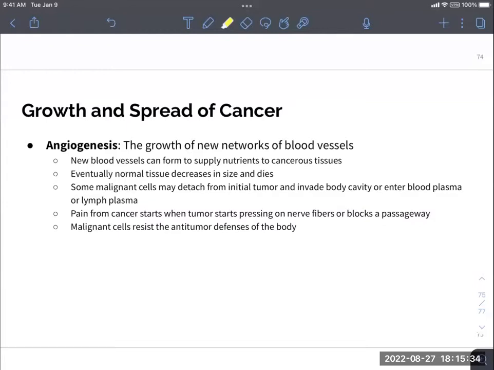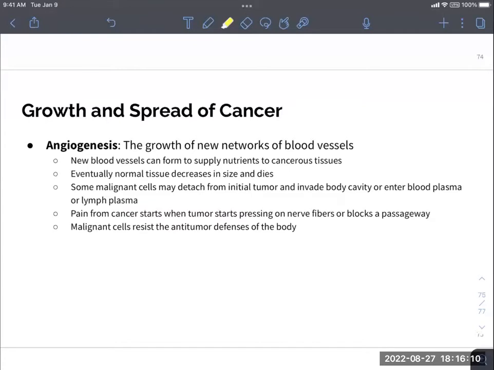So as these tumors keep growing, normal tissue around it starts to die because they're not getting the nutrients they need. This tumor is instead. When somebody experiences pain from a malignant tumor specifically, it's because the tumor is pressing on nerve fibers. It's blocking the passageway for lymphatic tissue, for blood, for veins.